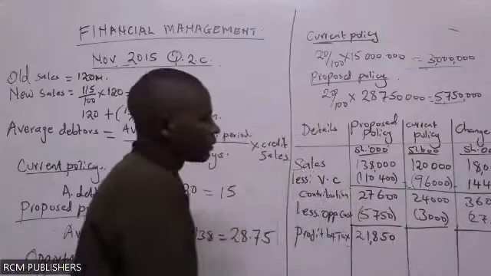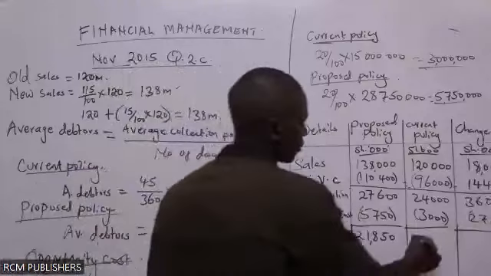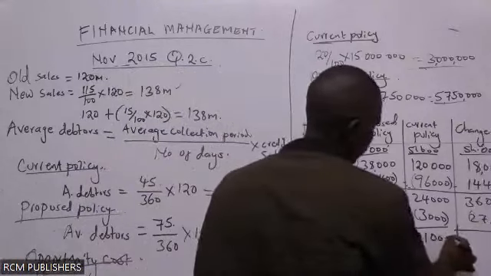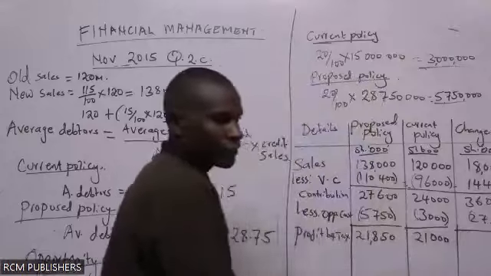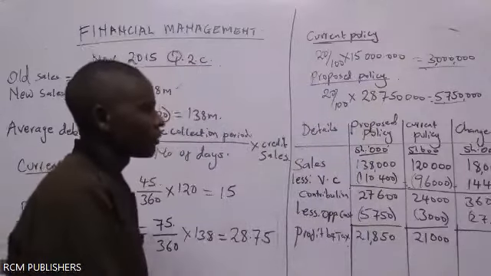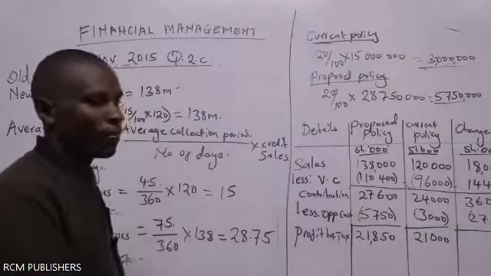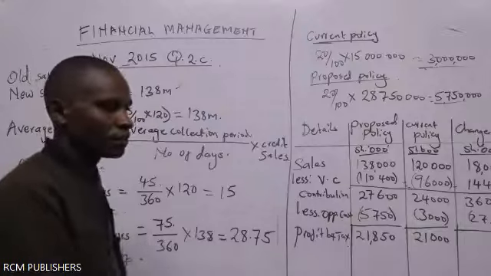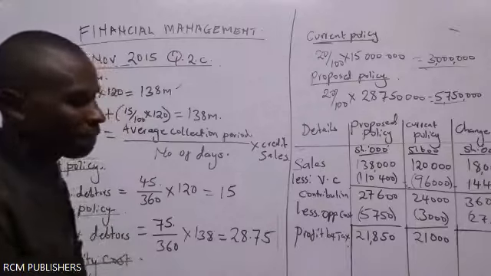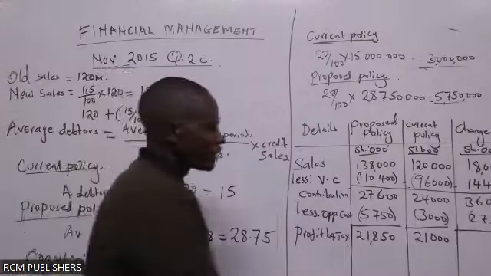What about the other one? 21,000. Give me the difference, the change. 850.